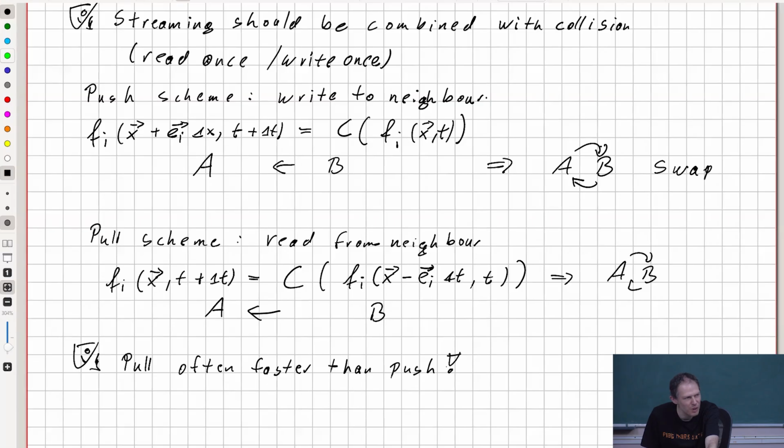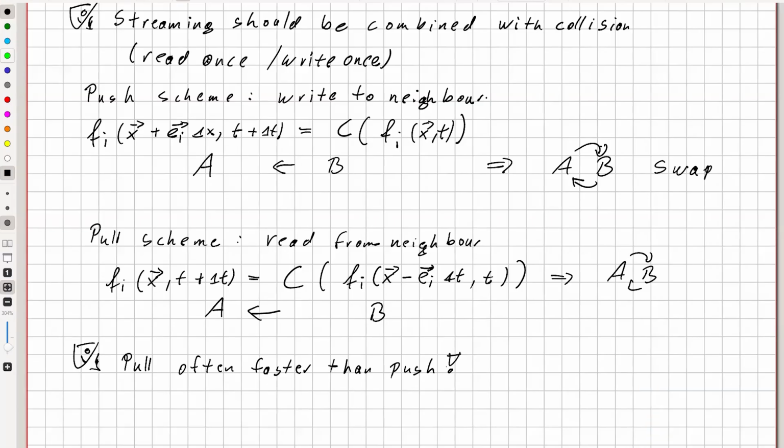We did push because this was simpler to implement in our example, and it may not be a big difference. Non-aligned reads are less expensive than non-aligned writes.